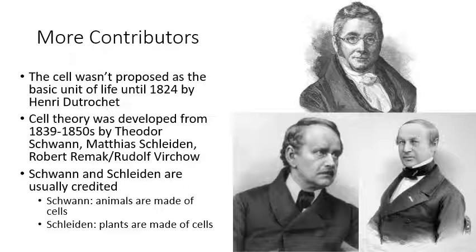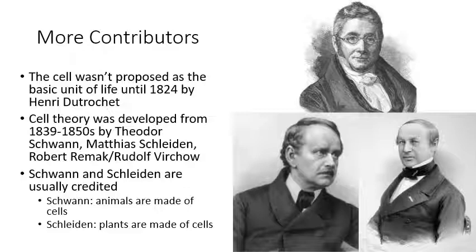After his proposal, a number of other scientists worked on cell theory, including Theodor Schwann, Matthias Schleiden, Robert Remak, and Rudolf Virchow. Out of all of those people, it's just Theodor Schwann and Matthias Schleiden that have received credit for cell theory.